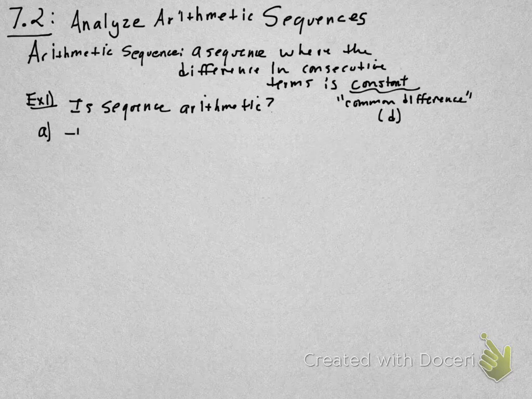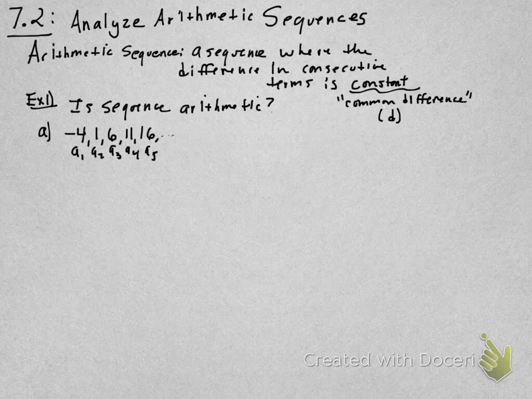If I give you -4, 1, 6, 11, 16, and so on, we're going to try to find if it's arithmetic. To tell whether or not a sequence is arithmetic, we have to see if from one term to the next the difference is always the same. This is our first term, this is our second, this is our third, this is our fourth, and they give us 5 terms.